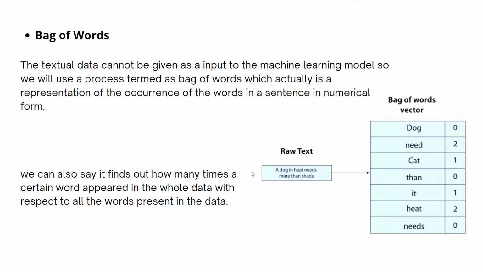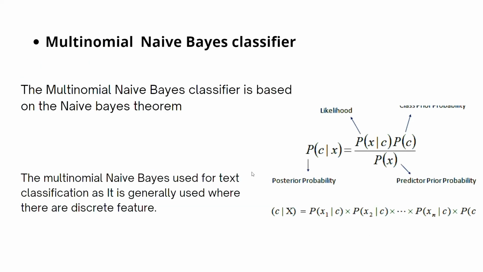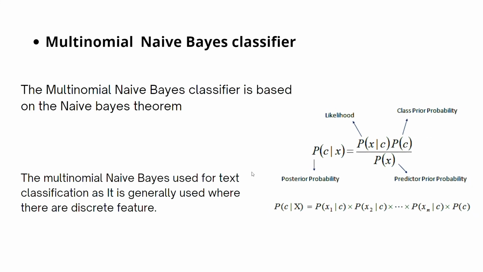After the completion of the bag of words process, the data is then fed to a machine learning model known as the multinomial Naive Bayes classifier. The multinomial Naive Bayes classifier is based mainly on the Naive Bayes theorem, which we have learned in our discrete mathematics class.